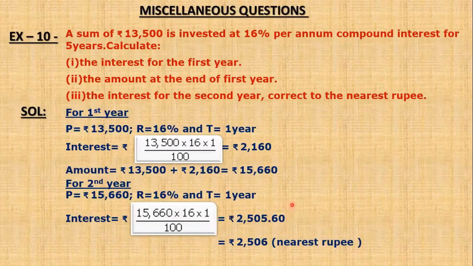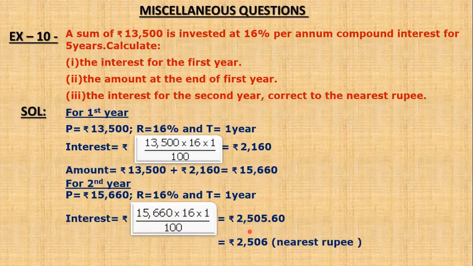Now let us check the parts which were asked. The interest for the first year. So interest for the first year is rupees 2,160. Amount at the end of the first year is rupees 15,660. And the third part is the interest for second year, but correct to the nearest rupee.